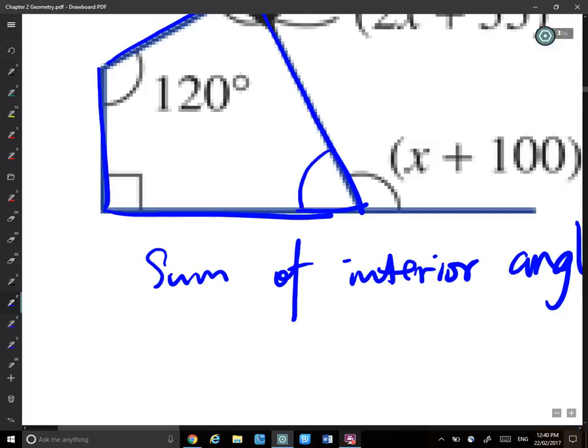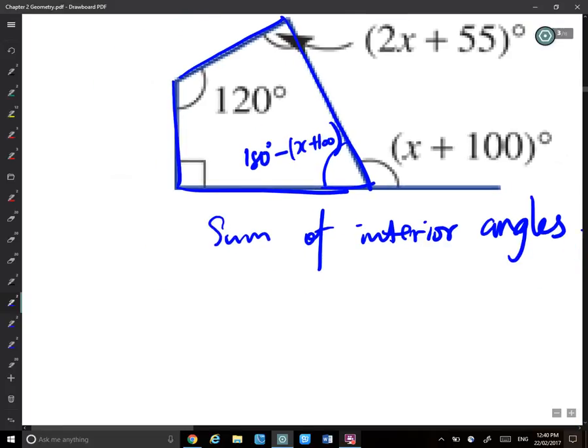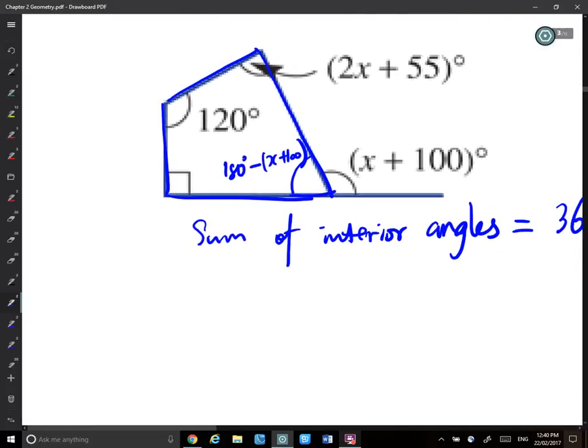And what does that equal? That equals 180 subtract x plus 100. That equals 80 subtract x.